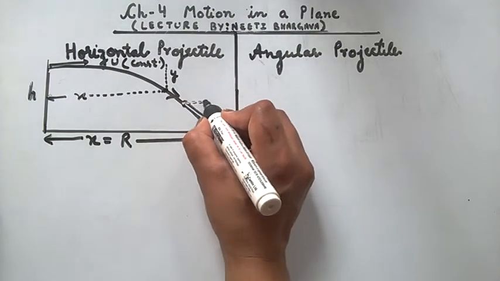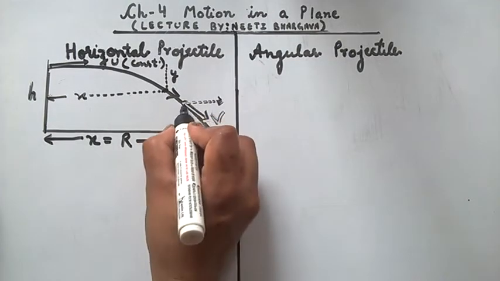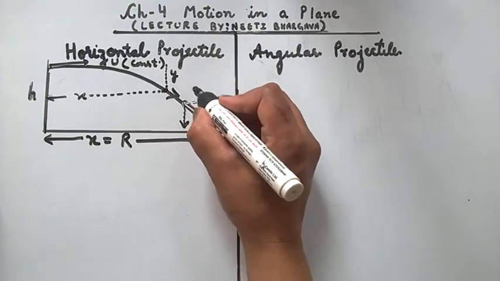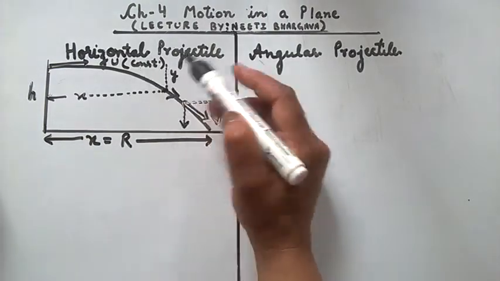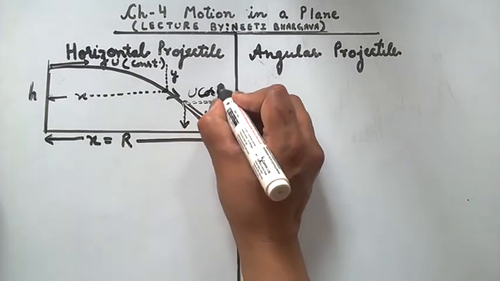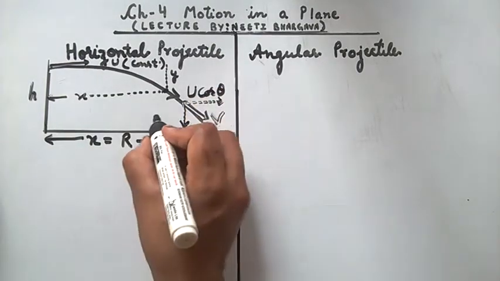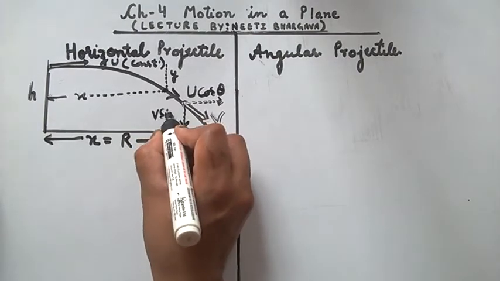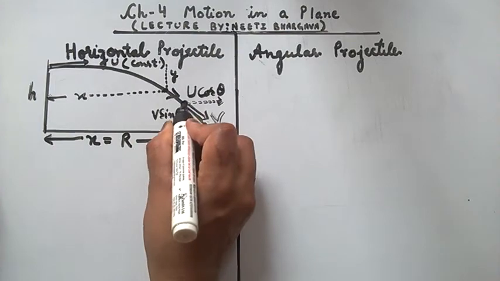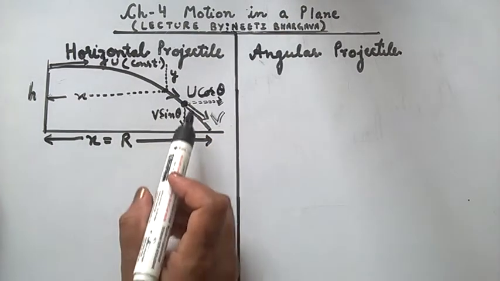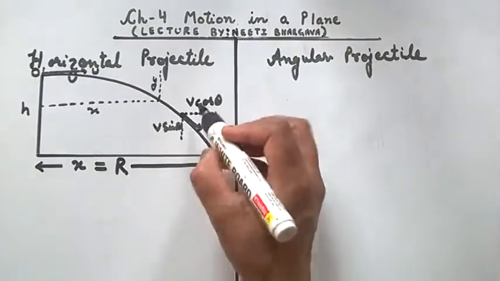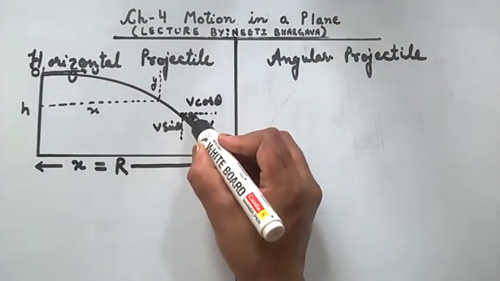Thus it can be divided into two components. One component is ux equivalent to u cos theta. Other is v sin theta. This is a variable velocity. And here v sin theta makes an angle of 90 degrees with the horizontal component.